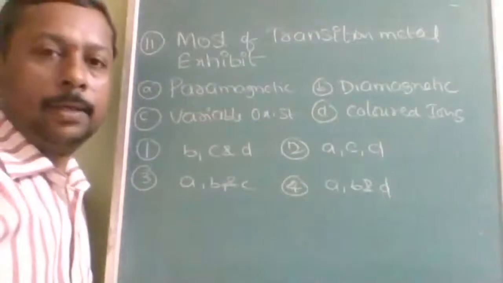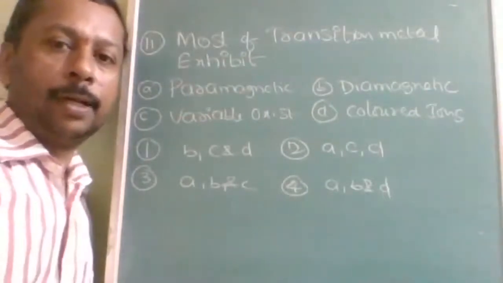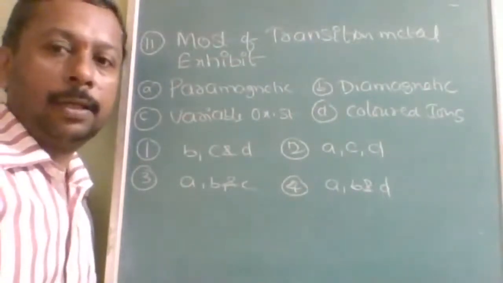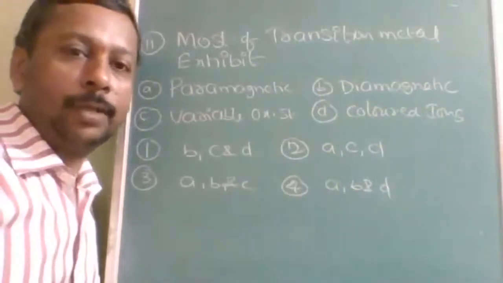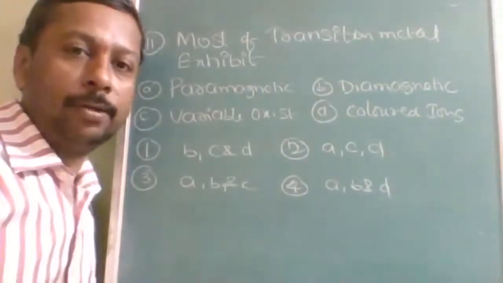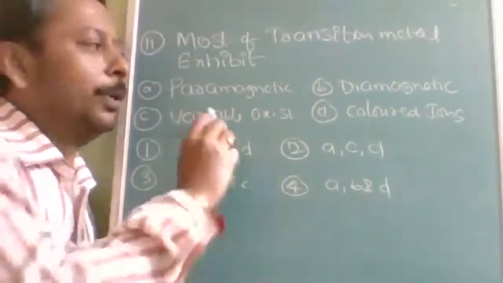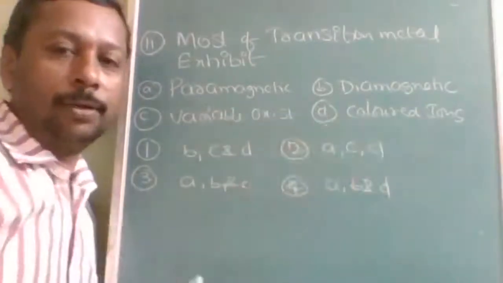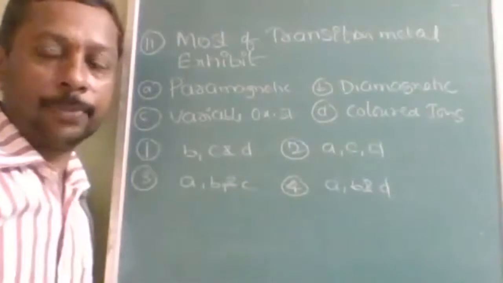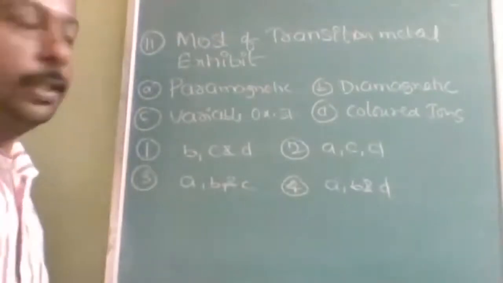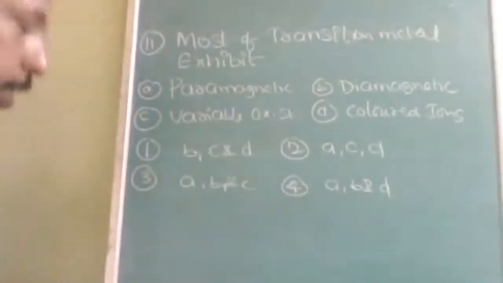Okay, very easy question. Most of the transition metals exhibit... See, nowadays they are making more than one correct introduced into the mains exam unofficially. So all four properties you should know, then only you will be able to answer. How many of these properties can be there?